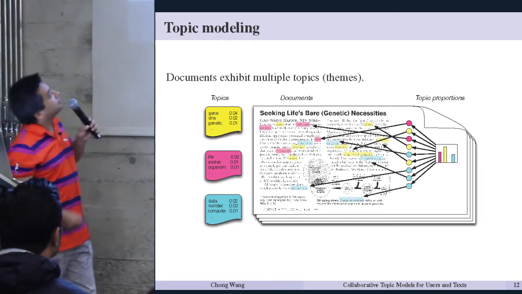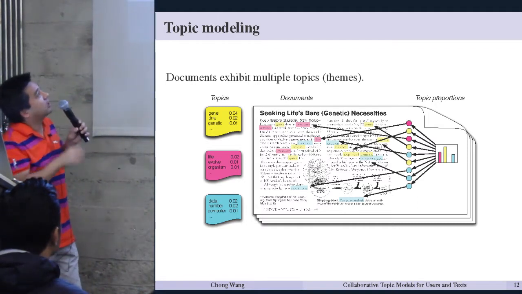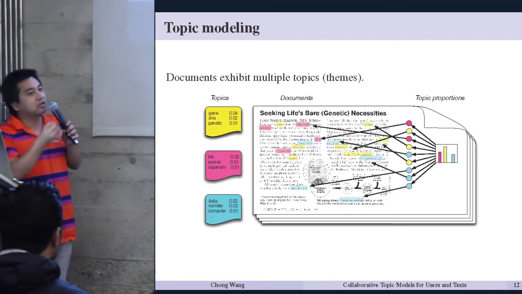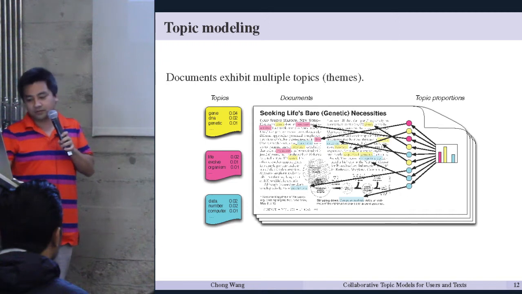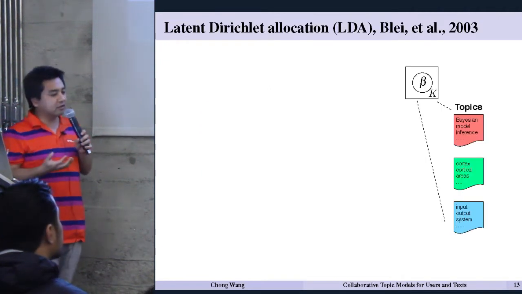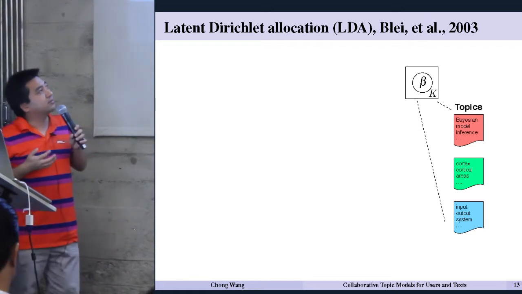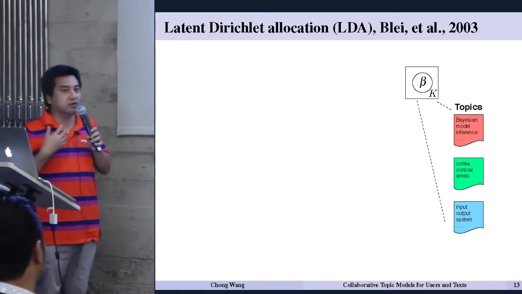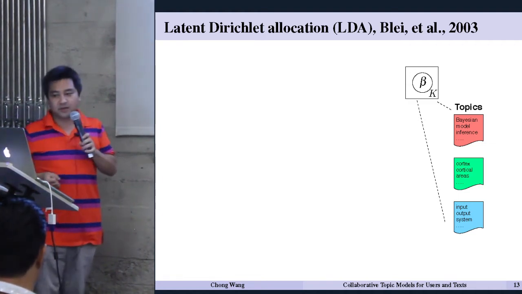For example, in this example, you have a little bit higher proportion for that yellow topic, which means this document is talking about this topic more than the other two. That's the basic assumption within a topic model. So here is a more formal formulation, I wouldn't say a mathematical one. How would you actually form a model like this?